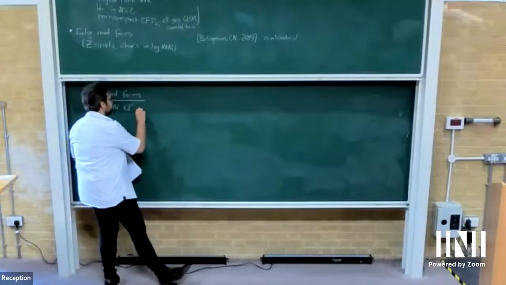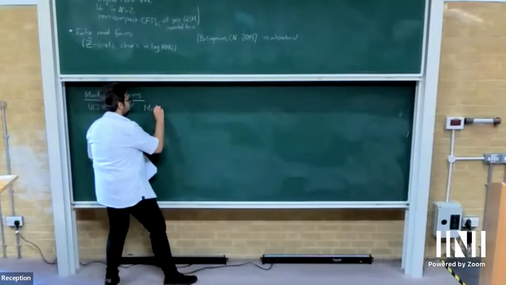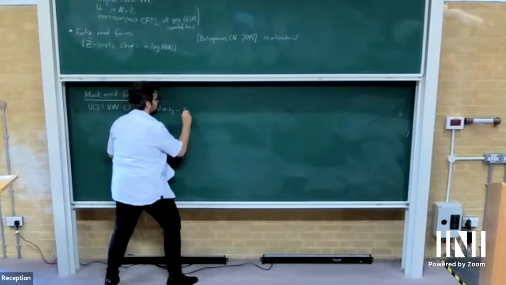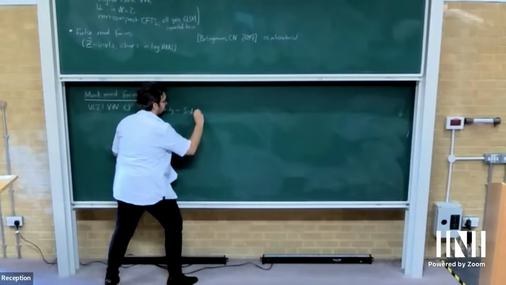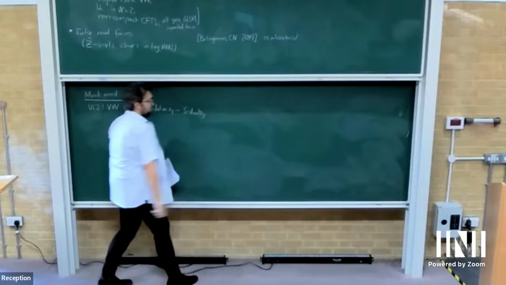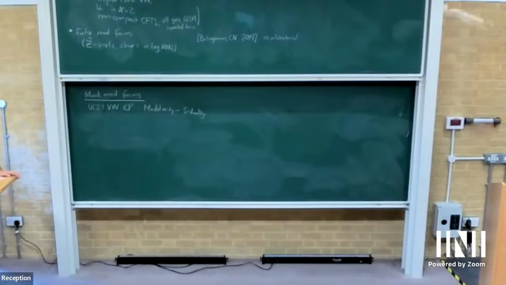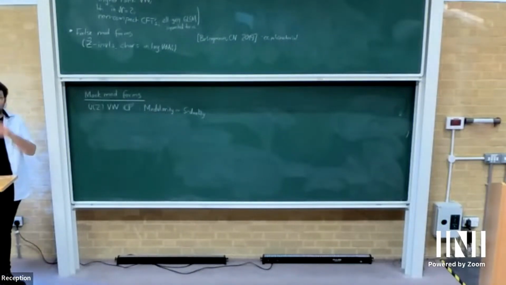In this context, the modularity is a result of S-duality. We're studying a topological system, of course, on CP2. And checking modularity was one of the quantitative checks.